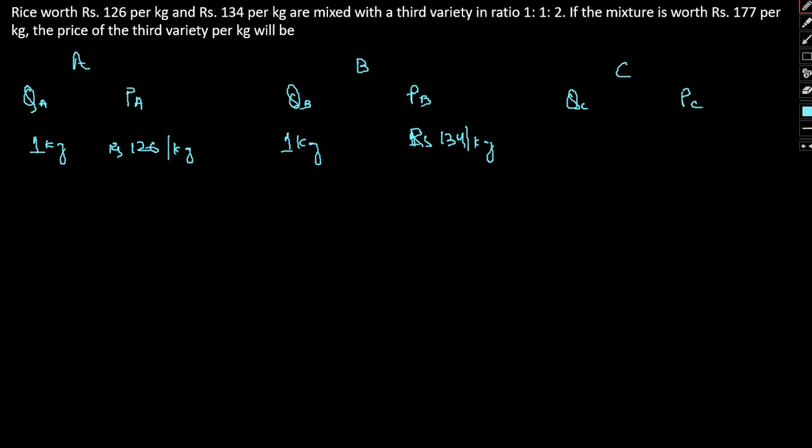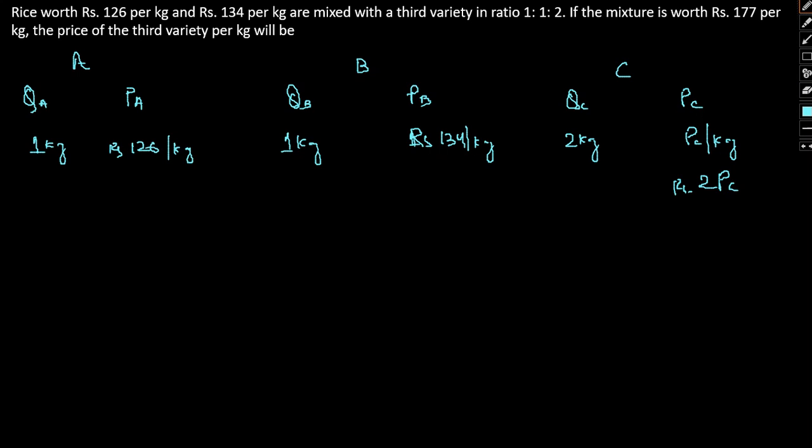And quantity of C, let that be QC. Oh no, the quantity is given, right? So 2 kg is given. Quantity of C being 2 kg, price being PC per kg. So the total price for 2 kg will be 2 PC rupees.